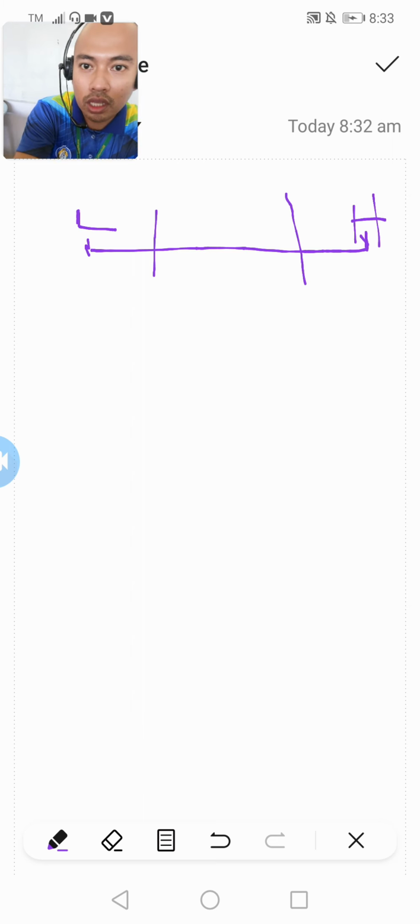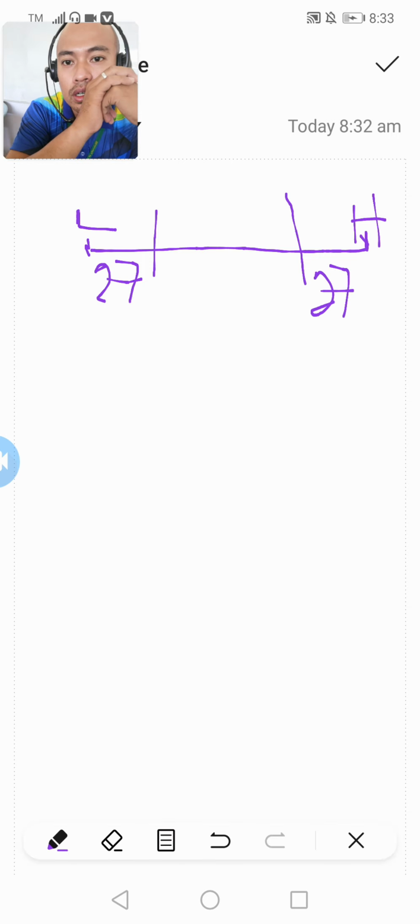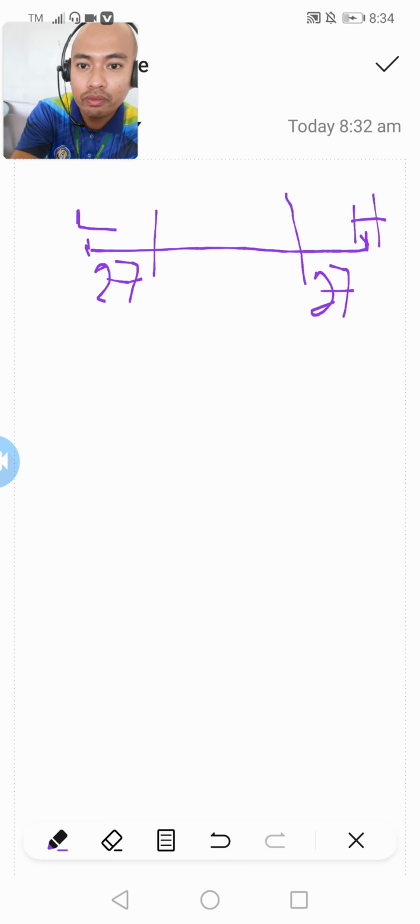So 27% ang kukunin mo dito, 27% din ang kukunin mo dito. Now, kapag 100 ito, 27 yung magiging tao dito sa lower group, 27 din ang magiging tao dito sa higher group.